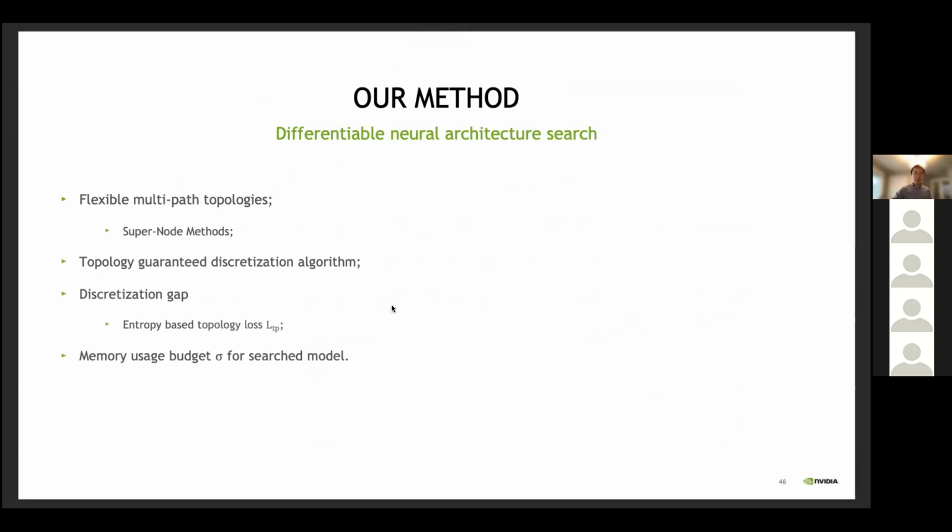And we also have a nice feature. We add a memory budget constraint into the loss function. So once you tune parameters like the sigma here, the searched model will have more or less memory consumption, which you can control.